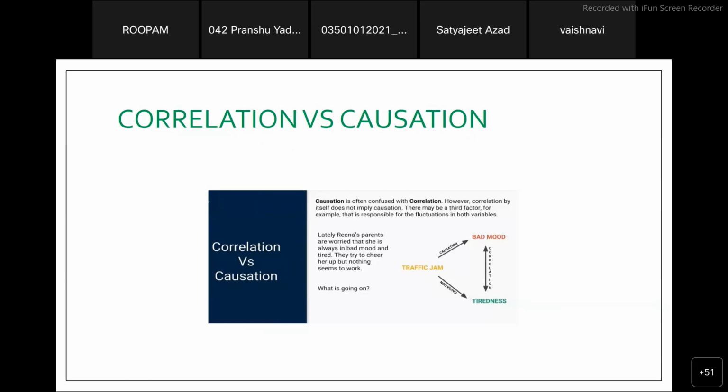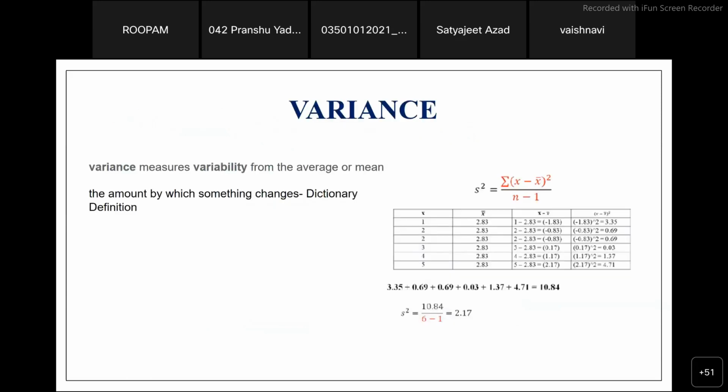Okay. So variance, hope this screen is visible. What is variance? I think you people have a maths background, so you might know. Variance and standard deviation are the two such concepts you typically understand in stats.